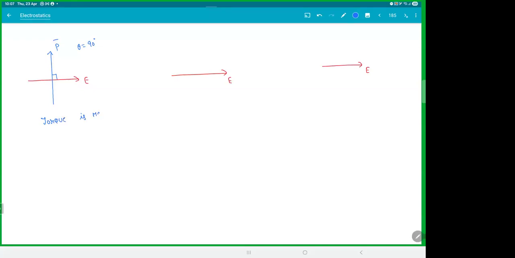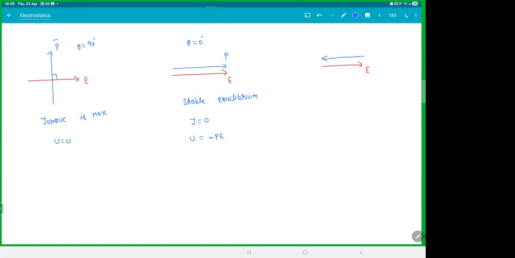Basically, this is your extreme kind of thing, and U is 0. If your dipole P and E are parallel, theta is 0. This is your stable equilibrium. This is where you get SHM. Torque is 0 and potential energy is minimum, minus PE.